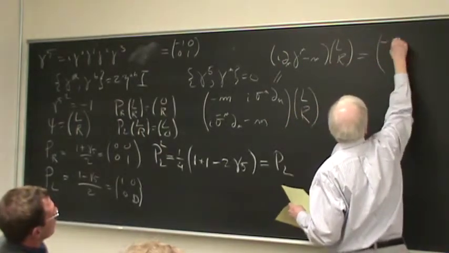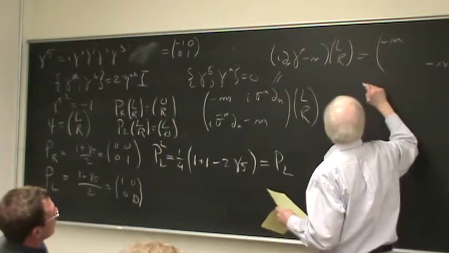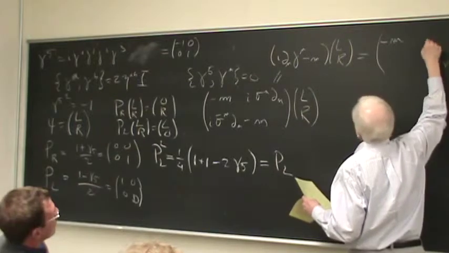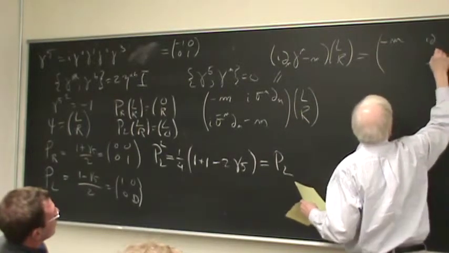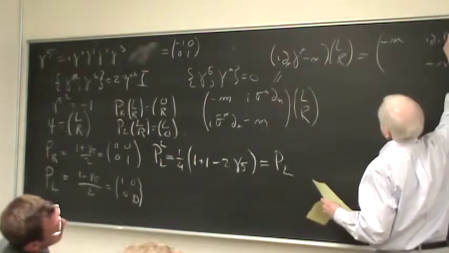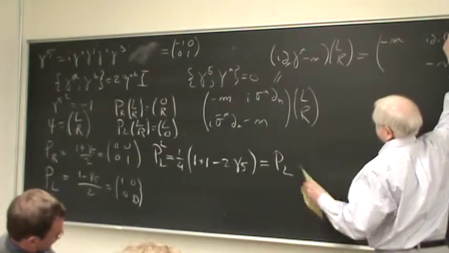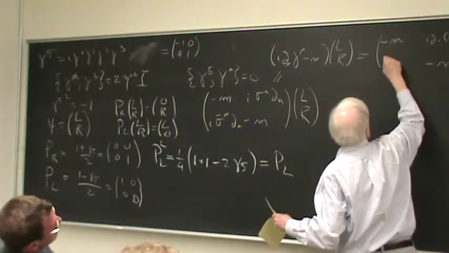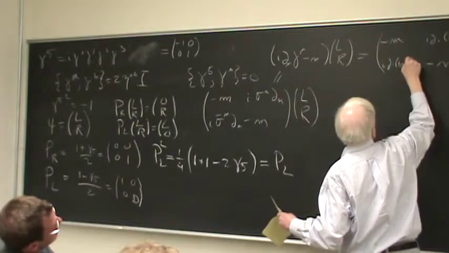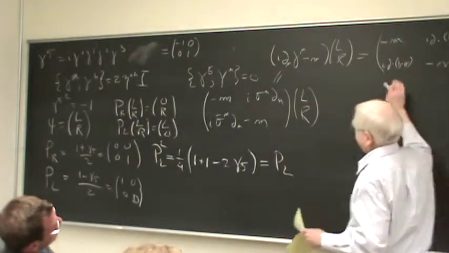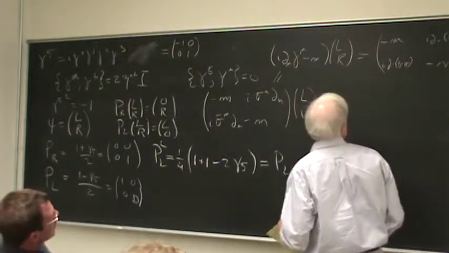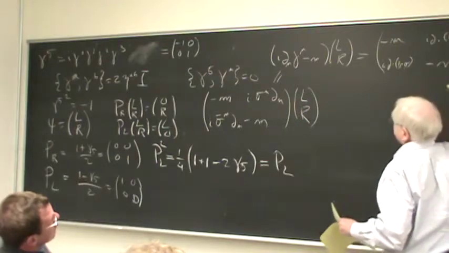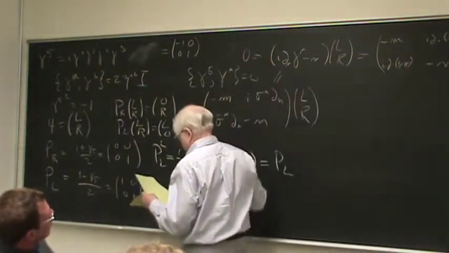The minus m is clear, but then the gammas are, this is basically I d slash, and remember this is the sigma mu, so this is 1 comma sigma, and this is I d on 1 comma minus sigma, and so that gives the minus sigma is the sigma bar there. And of course, all of this is 0.